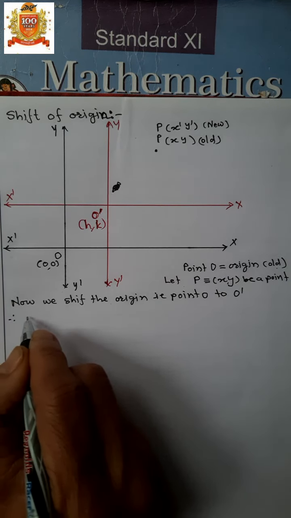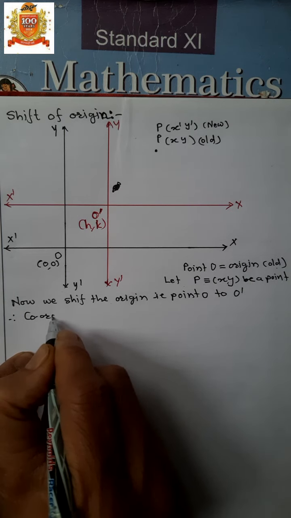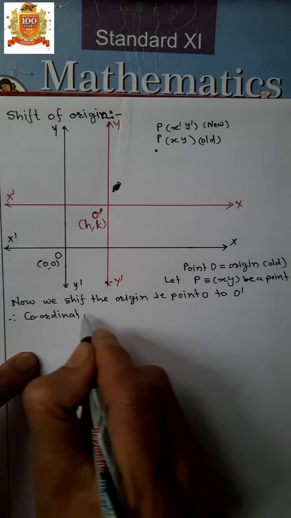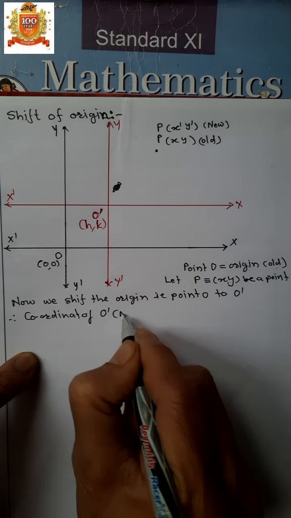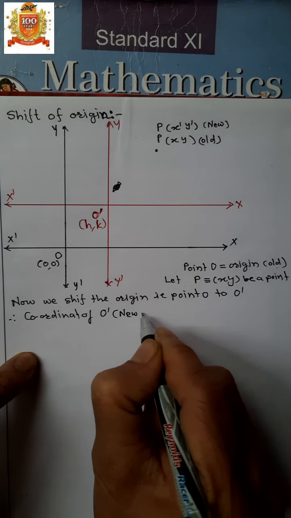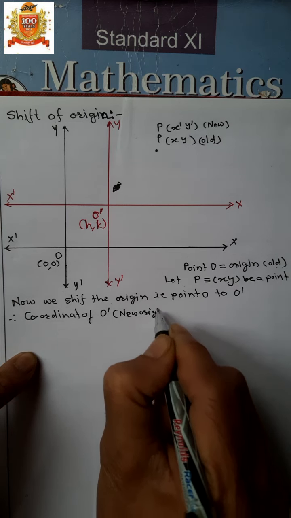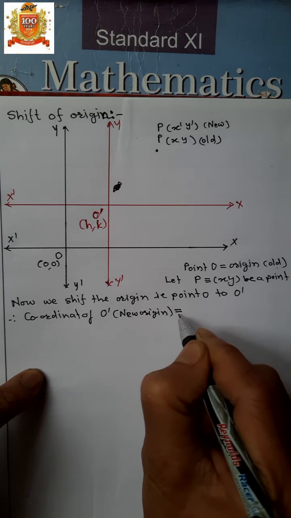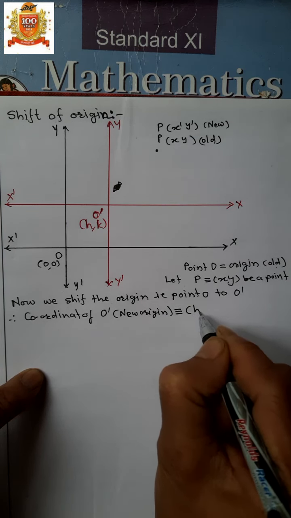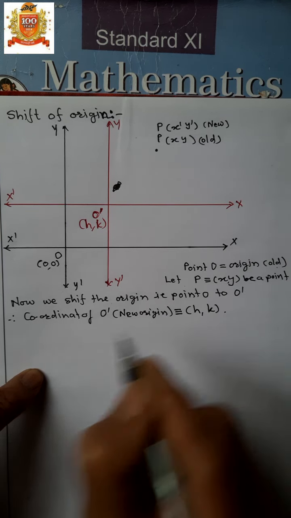Therefore, the coordinate of O dash, that is the new origin, is equal to (h, k).